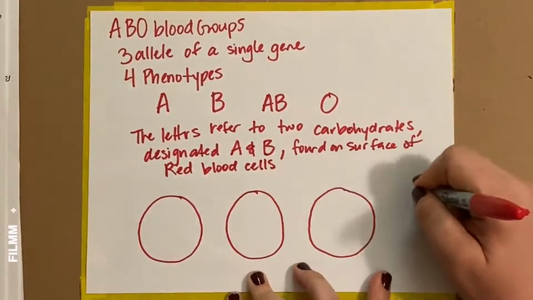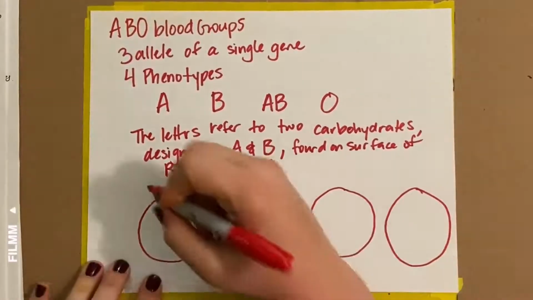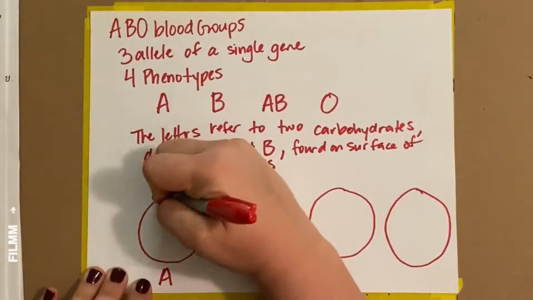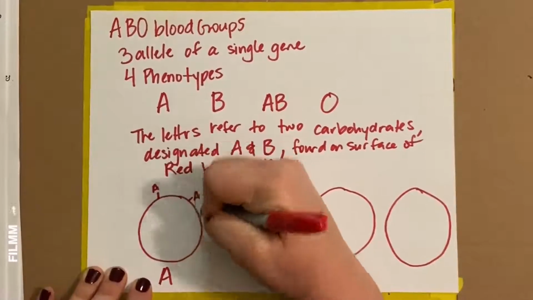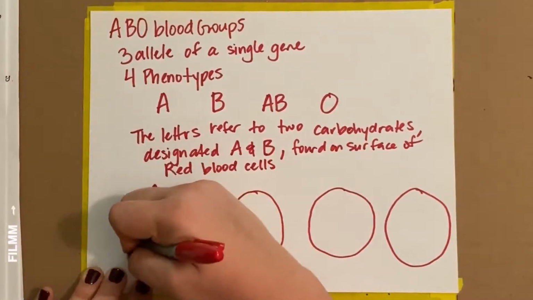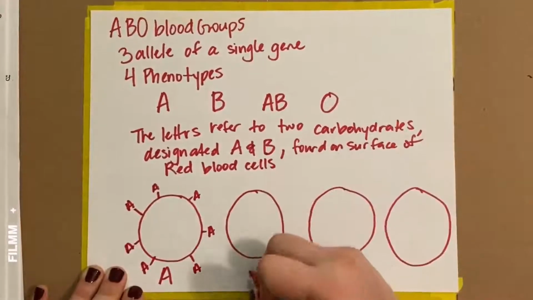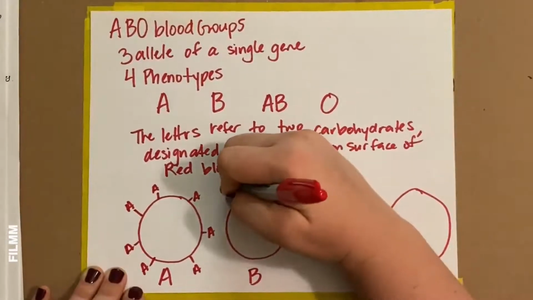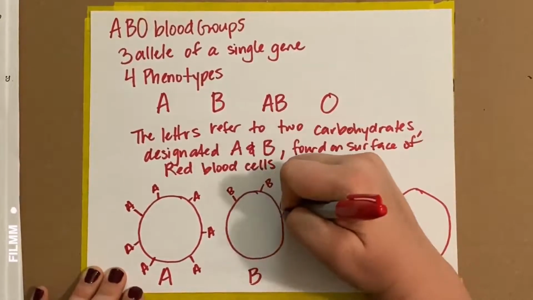Here are 4 red blood cells. For A blood, you have little A carbohydrates on the outside of the cell. For B blood, you'd have B carbohydrates.